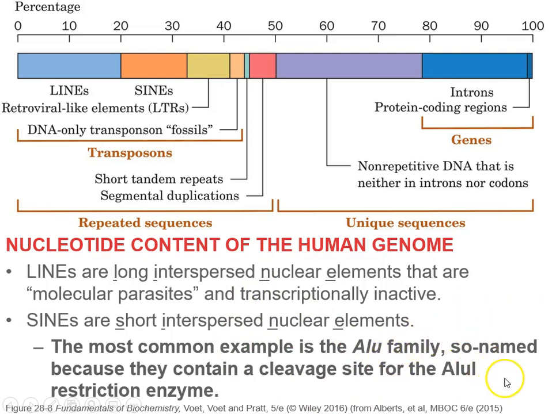ALU1 is a restriction enzyme, and apparently there are lots of ALU restriction sites here. These are repetitive sequences and maybe not, quote unquote, useful, whereas these are unique sequences right here. So we have non-repetitive DNA. Here are introns, and then way over here, this little tiny bit right here are the protein coding regions. So I find this fascinating.